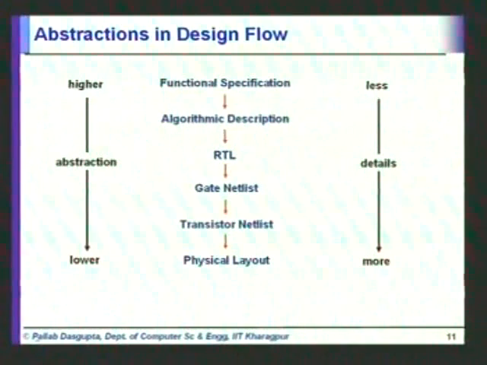So the next step is the algorithmic description. This is where you start defining the way you are going to implement that microarchitecture, okay, and people develop high level models for this. These high level models could be written in languages like C, C++, or in languages like SystemC or SpecC or BlueSpec Verilog.